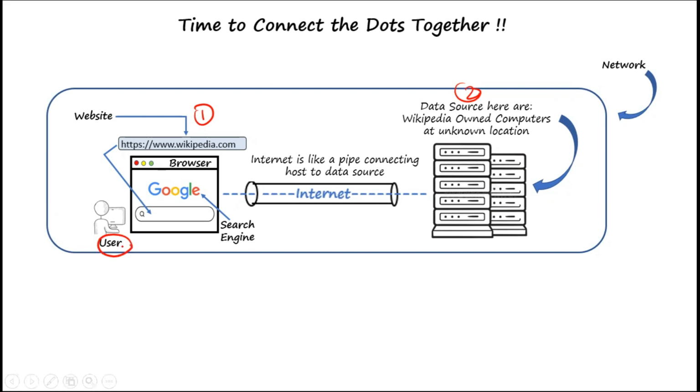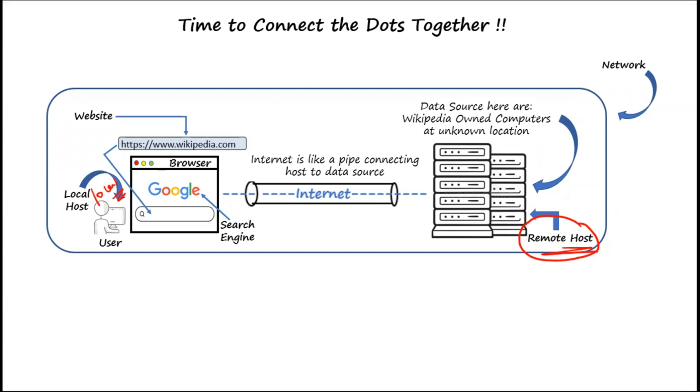Our user is called the local host. What does local mean? Something you are interacting with personally. The user is interacting through the computer personally. This is called the local host. And the one for which we do not know where that particular host is located, that is the remote host. So this is what the different hosts are called.